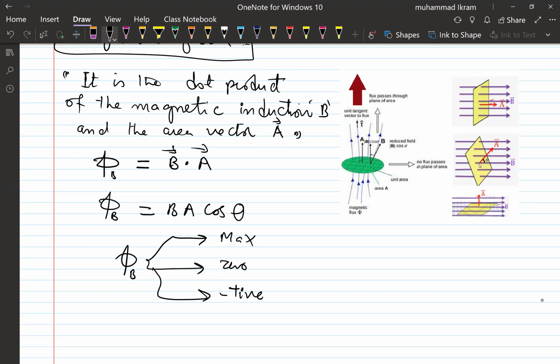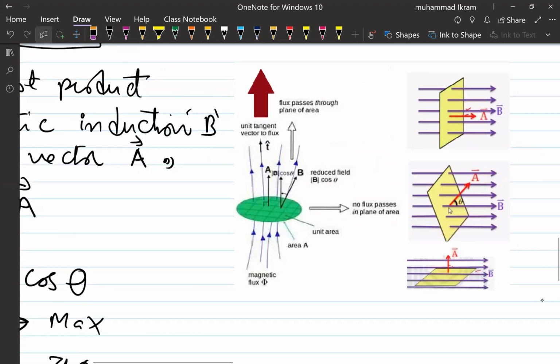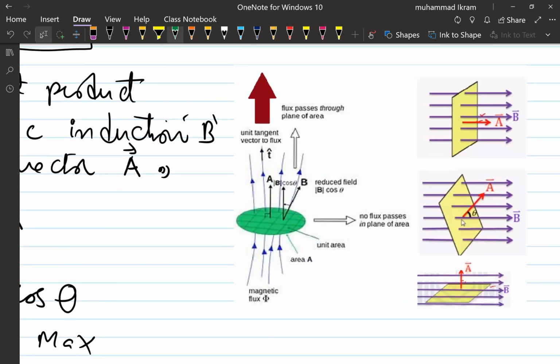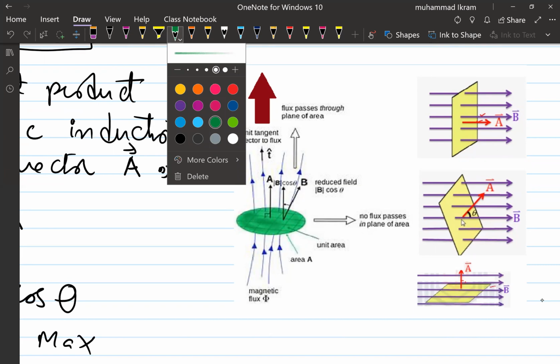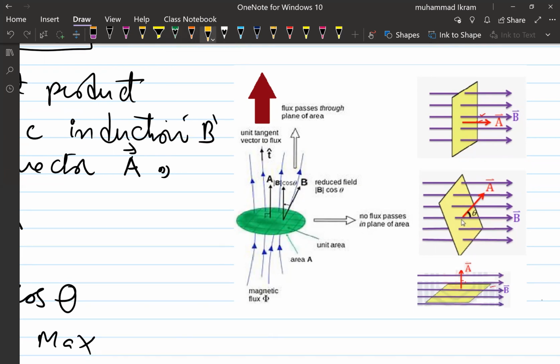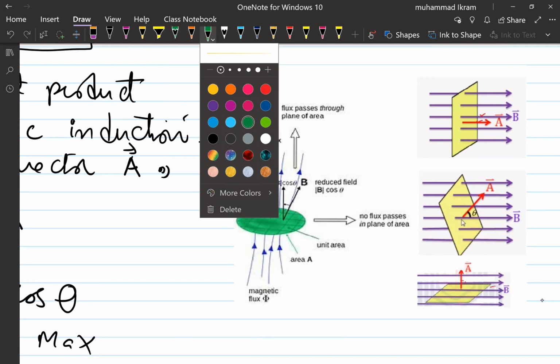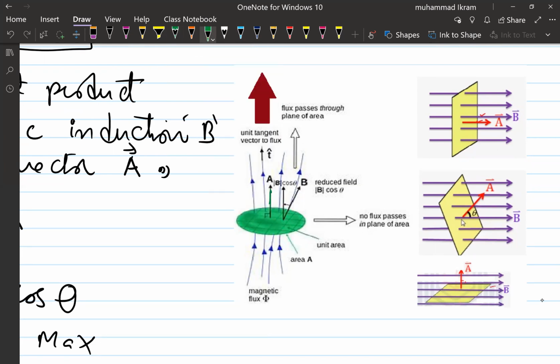Look at this here. We have this area, the plane is horizontal, and you see the area vector of this plane. Now, what is the magnetic flux?